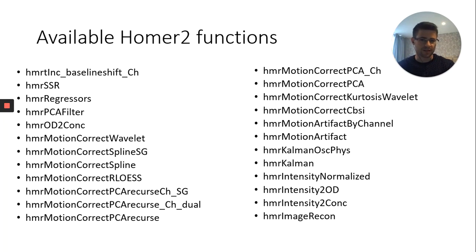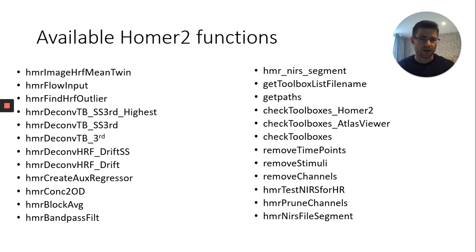So you can screenshot this, flip through it, and see something that might be of use for your pipeline. You'll see each of the functions here, and as I go through, there are many. So anything from block averages to adding regressors to creating a GLM to filters, a wide range of options.